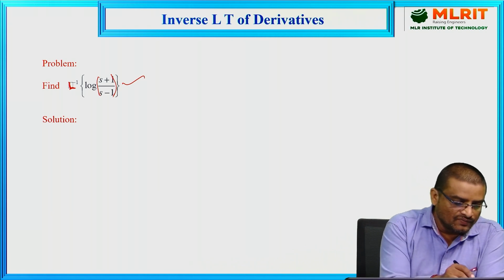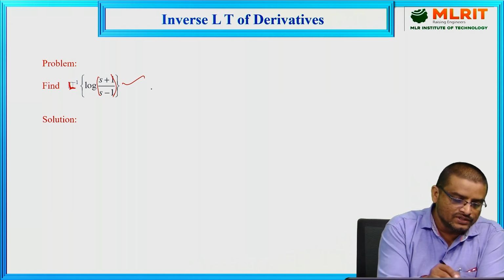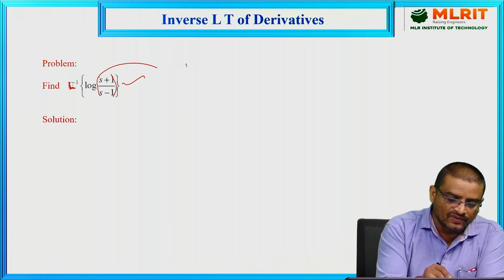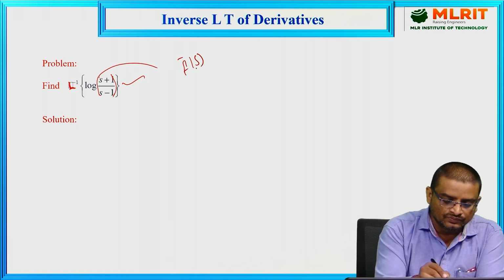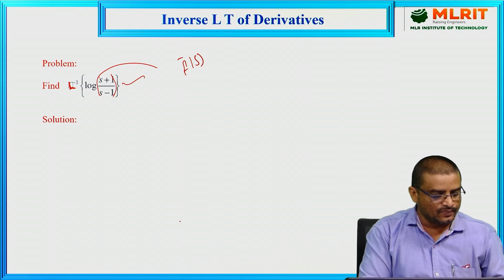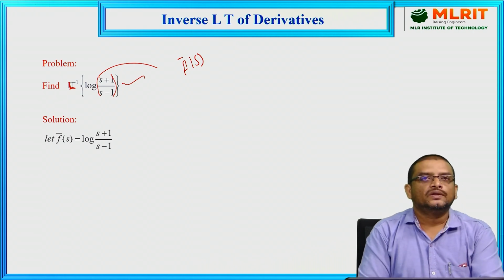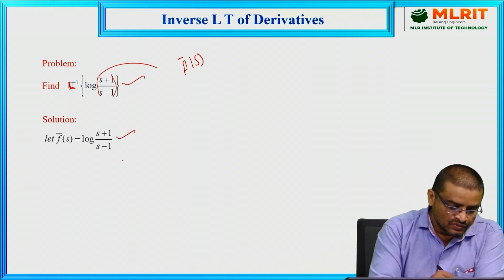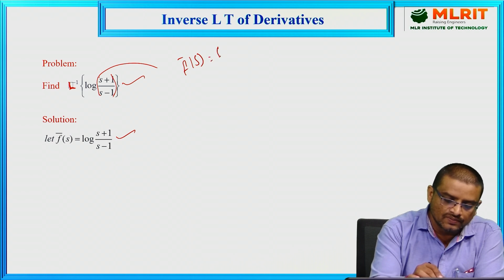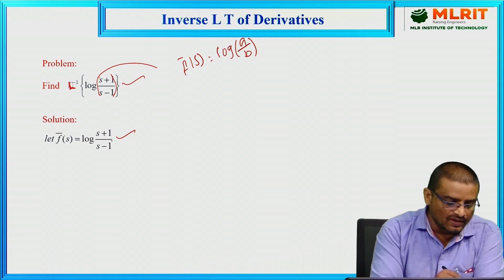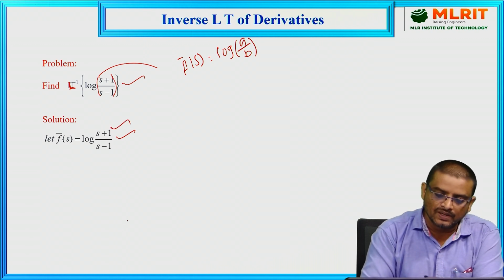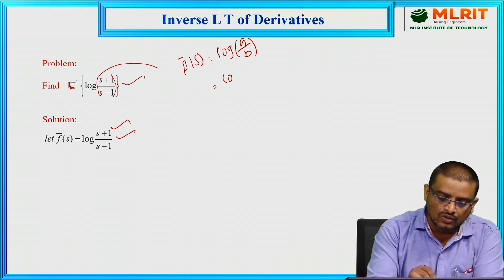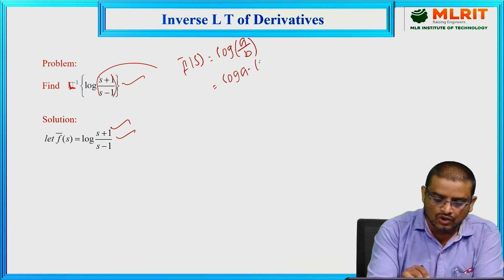Whatever function is given inside L inverse, we can consider this entire function as f bar of s. So let us take f bar of s is equal to the logarithmic function. If you observe, this is of the form log of a by b. So we have the formula log a minus log b.